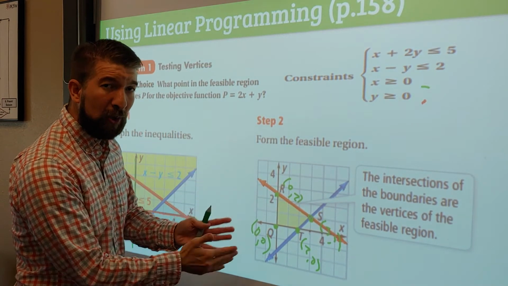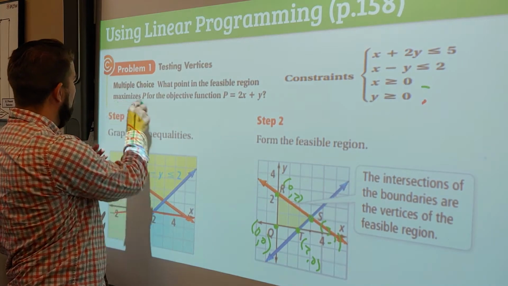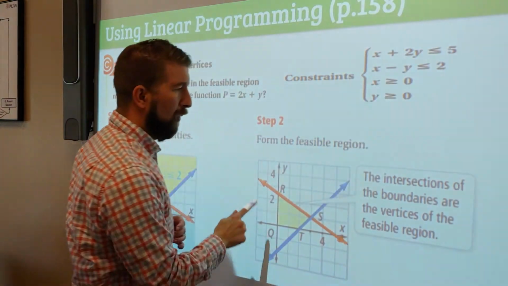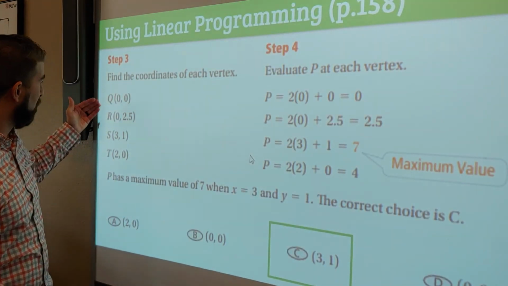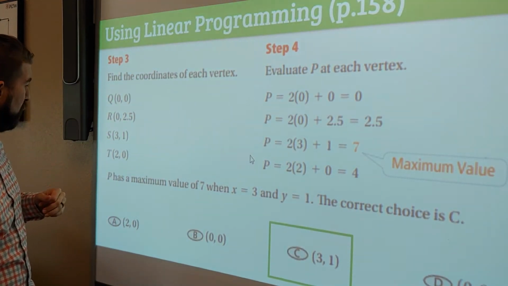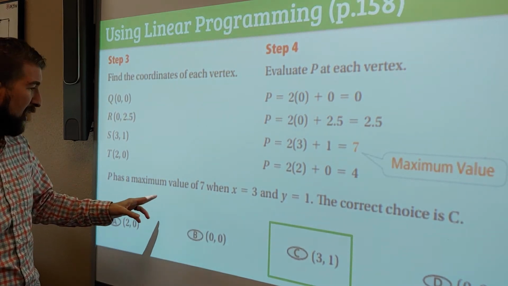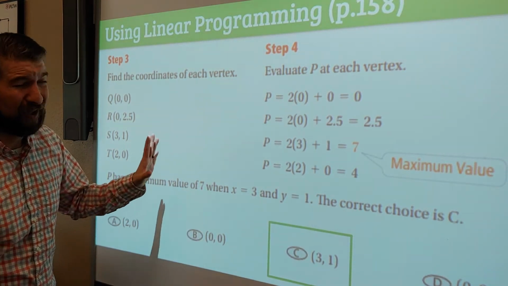We're going to use those to find our maximum. So let's look at what that looks like. So these are all the vertices I just showed you guys. So P has a maximum value of 7. Oh, that's the answer. Let me get to it.